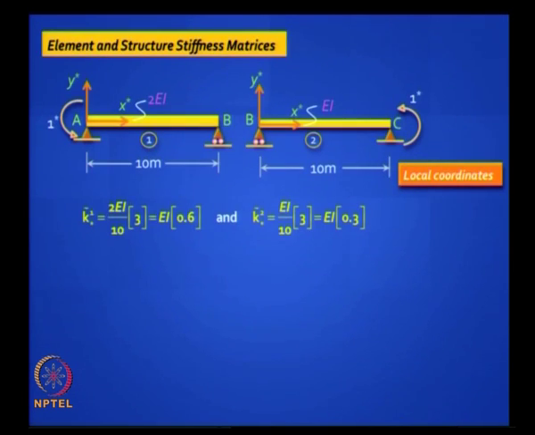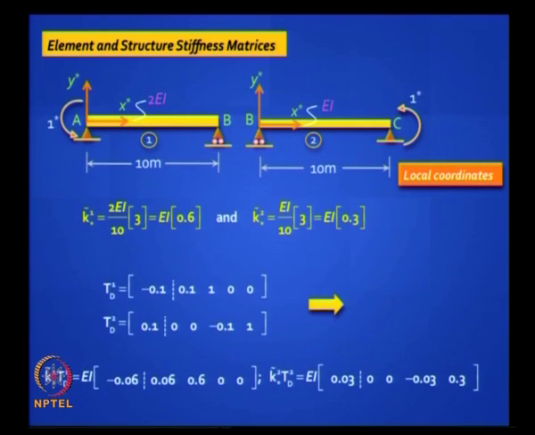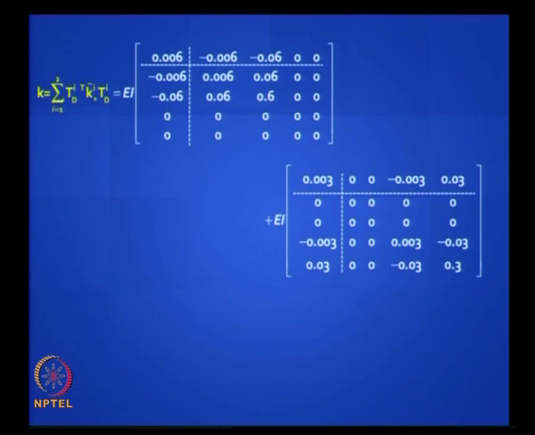Let us generate the element stiffness matrices. You have 2 elements, single degree of freedom, EI, 3 EI by L, easy to do, you got those numbers. Then you know the TD matrices, so TD, K star TD you can work out, and then do the summation. You will get 2 contributions.